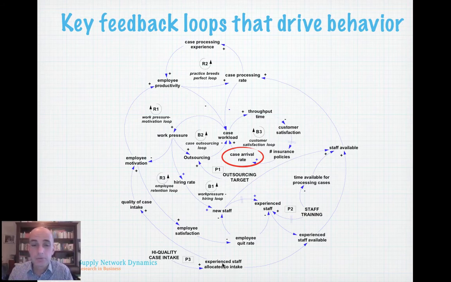However, if you want to do this intake, this allocation right, then this is costing you experienced staff and you have less staff available. One of the experiments in the Sims is also to see if the net result of those two activities is actually positive.